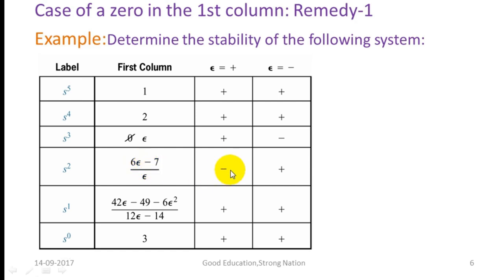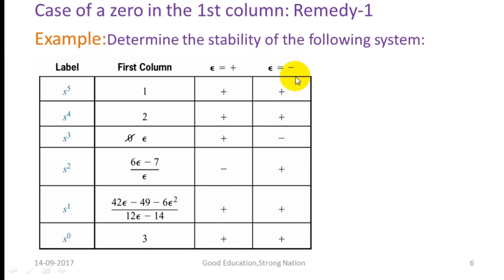So the outcome will be a negative quantity. If we consider this particular element, then 42 epsilon minus 49 minus 6 epsilon square will be a negative quantity, and 12 epsilon minus 14 will also be a negative quantity. So negative by negative turns out to be a positive quantity. Then 3 is again positive.